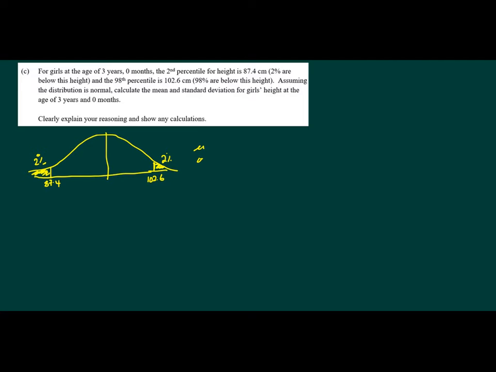What's really important here is that if the percentile down here was different from the percentile up here, we would be doing a totally different methodology to solve this problem. But because they're both the same, and because we know that the graph in its entirety is normally distributed, that means it's symmetrical, so we know that this area here is 48%, and this area here is also 48%.